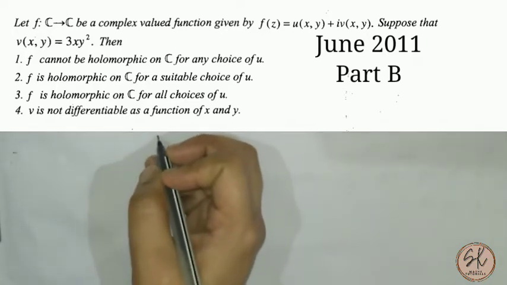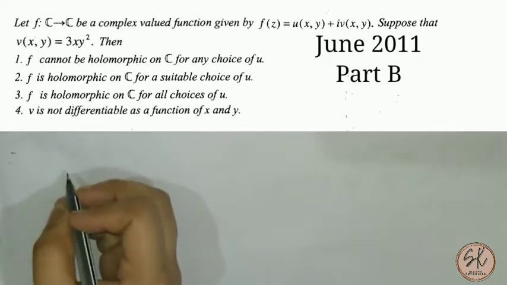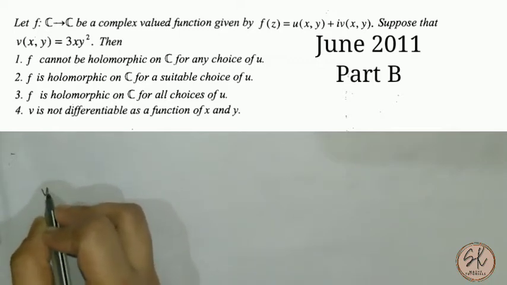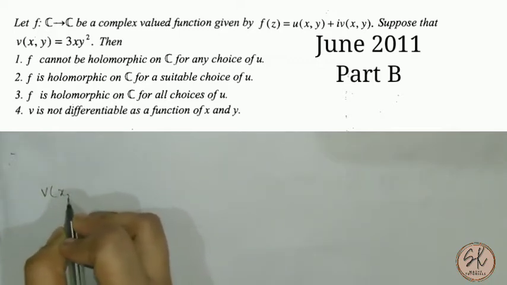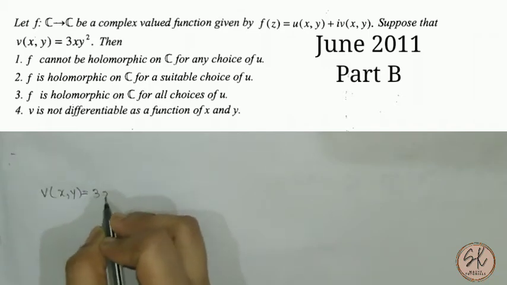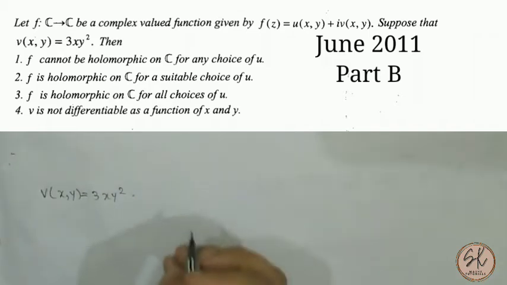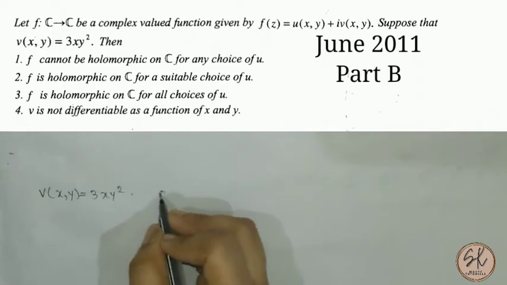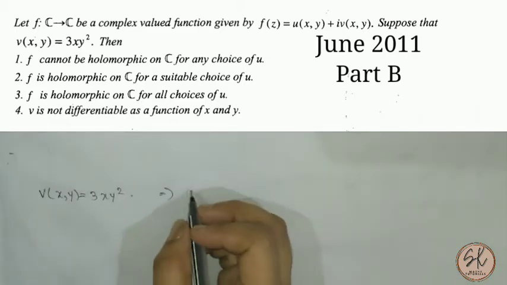Here its imaginary part is given by v(x,y) equal to 3xy square. So this should satisfy the Laplace equation if f is holomorphic. Let us see whether it is satisfying the Laplace equation or not.